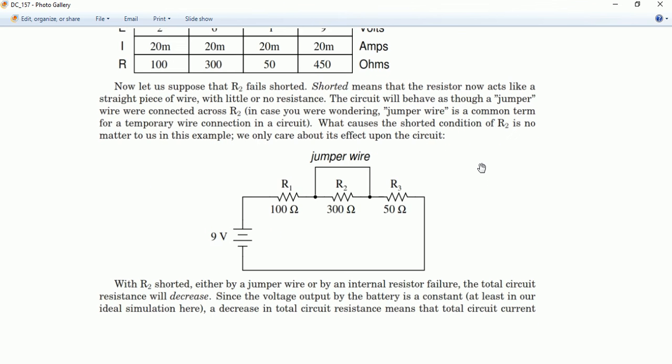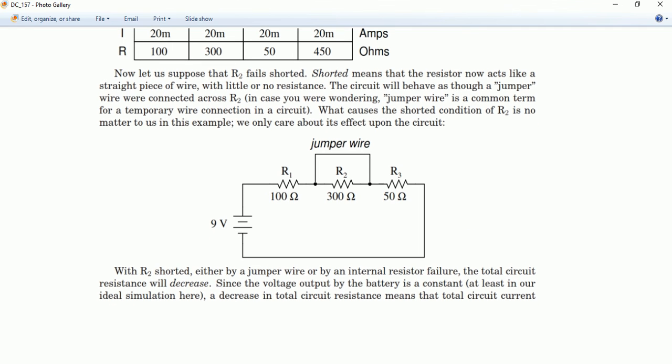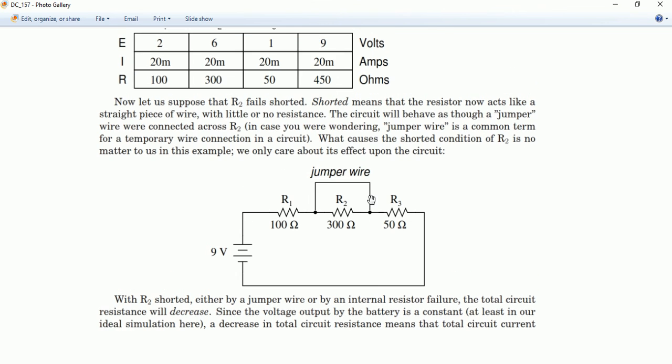So please consider this circuit. If we install a jumper wire in parallel with a resistance, please note that this jumper wire becomes parallel with the 300 ohm resistance. From the equivalent resistance formula we have 0 multiplied by 300 over 0 plus 300, so the result would be 0 ohm.